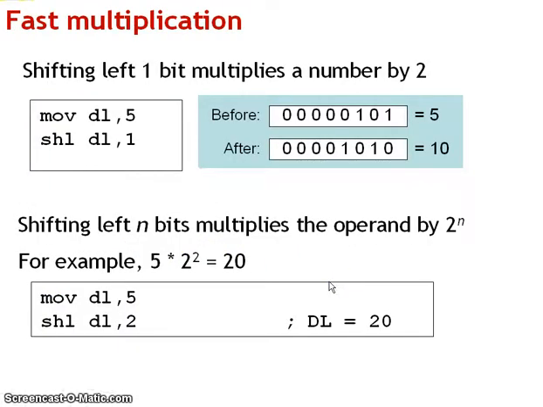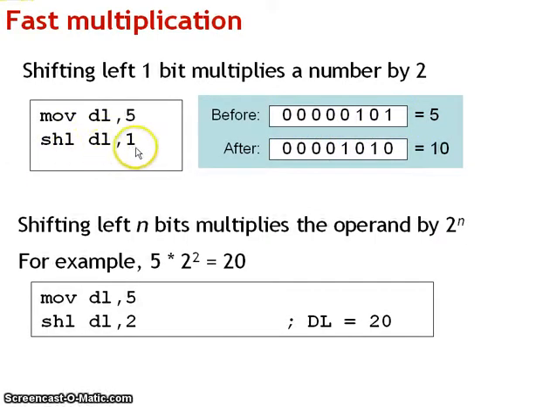Now let us see an application of SHL instruction, which is used for fast multiplication. The key idea is shifting left one bit multiplies a number by 2. For example, suppose I write MOV DL, 5 and SHL DL, 1. Before this, DL will be having 5, that is 00000101.